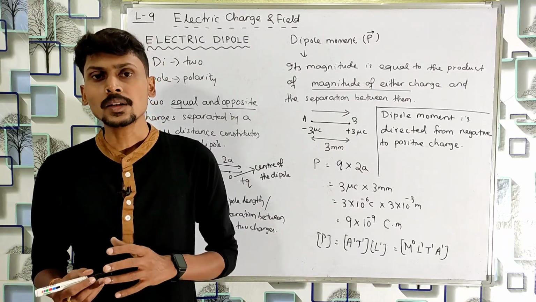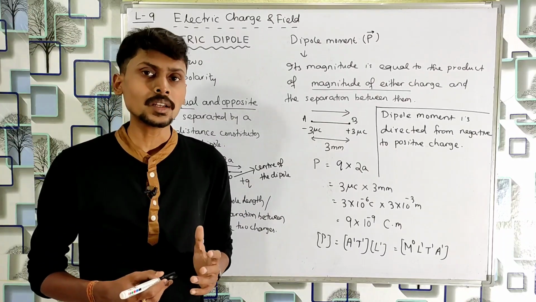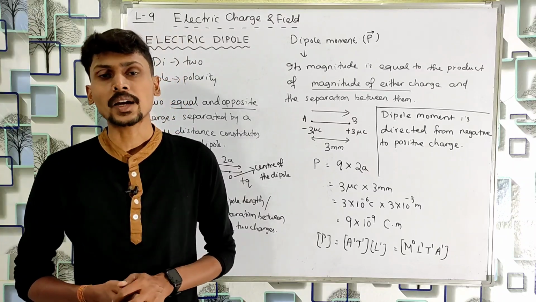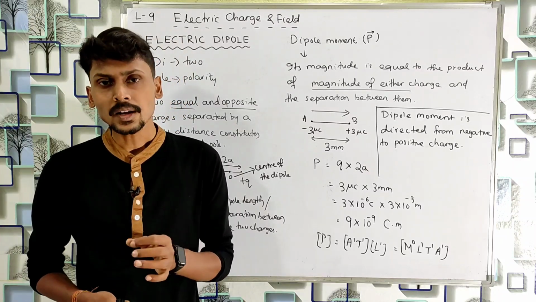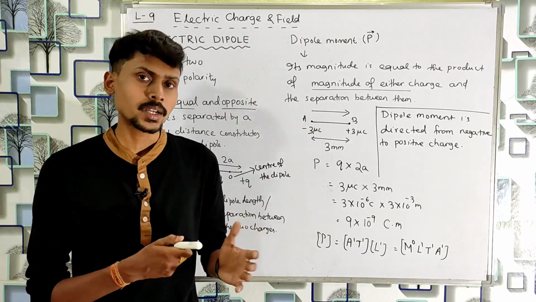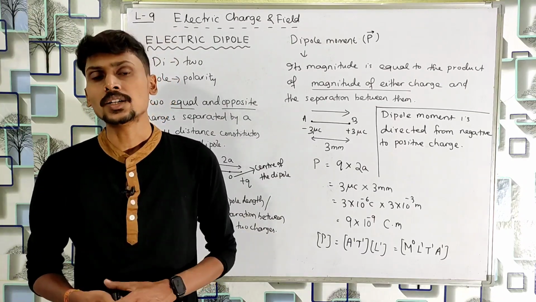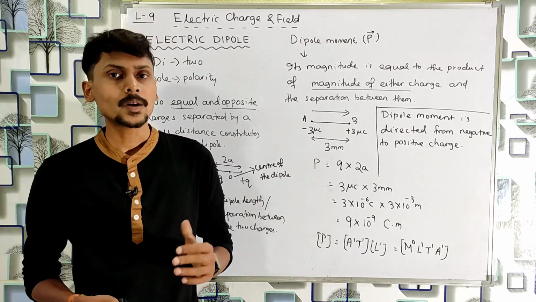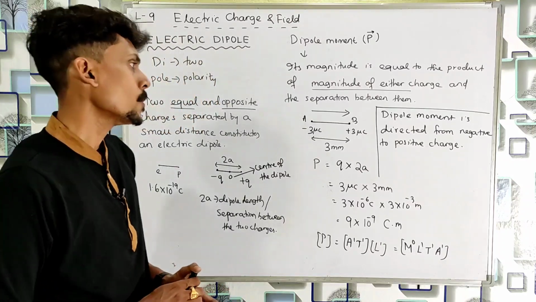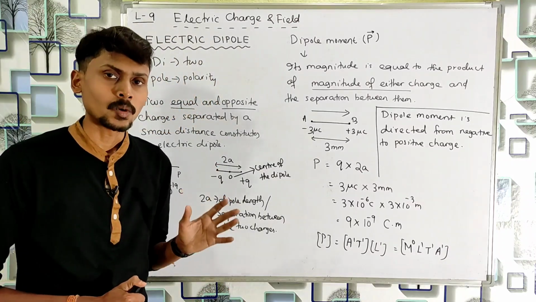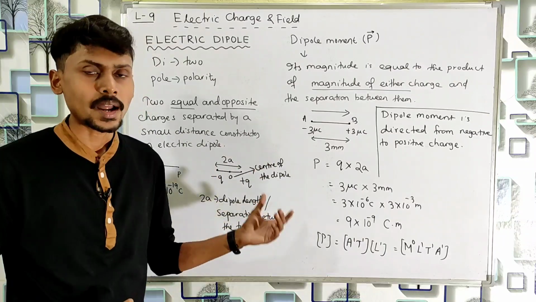This is the difference between the direction of electric field intensity and the direction of electric dipole moment. So this is all about dipole moment, its magnitude and the direction.